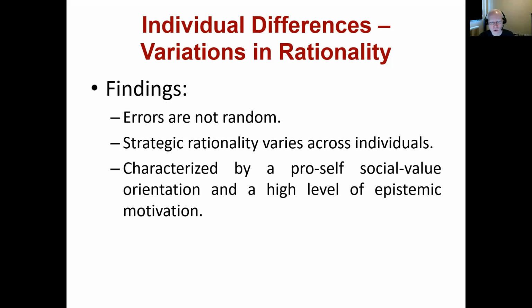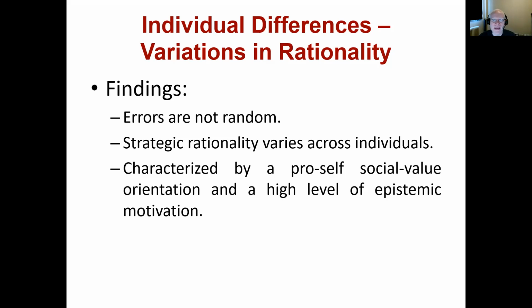Somebody who is trying to understand the situation is more likely to act rationally. If you think about the definition of epistemic motivation, it sounded a lot like your definitions of rationality: the need to understand the situation, gathering information and analyzing it.